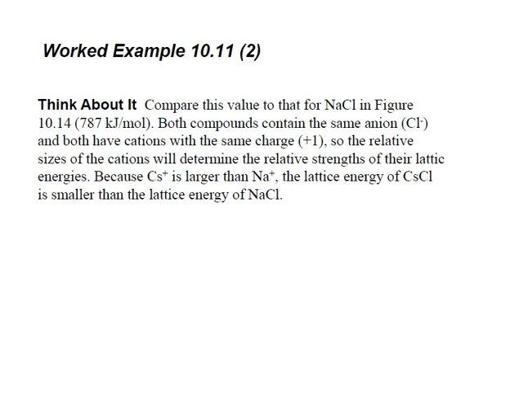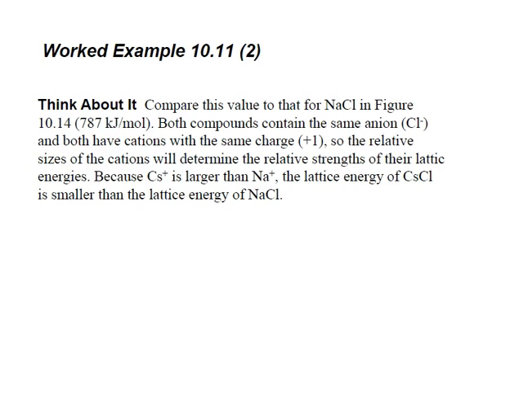We can compare this to sodium chloride, which is 787, and we can see we have 648 and 787. Different values, but they're both positive and both in the hundreds, and they're relatively close. Both compounds do contain the same anion.